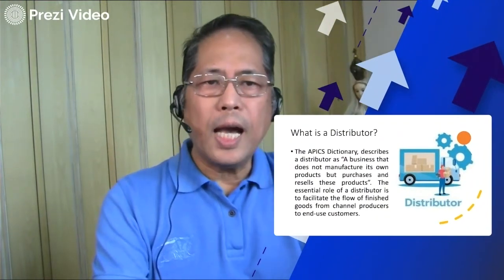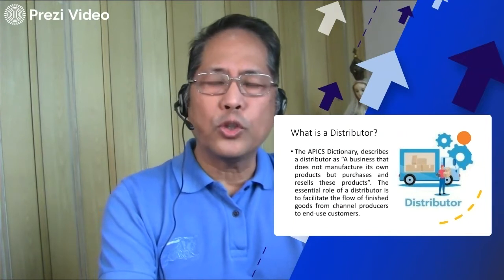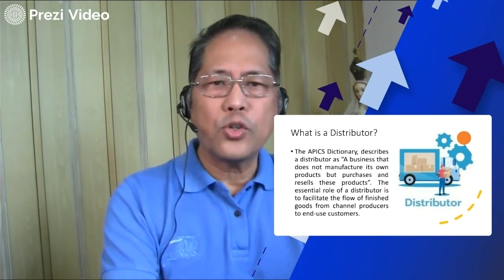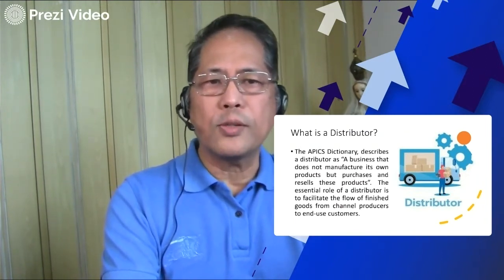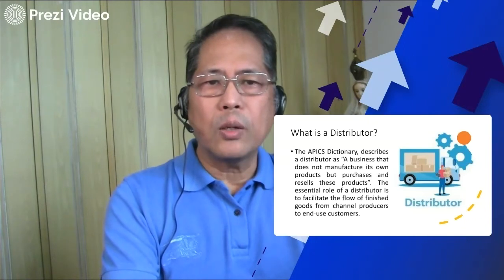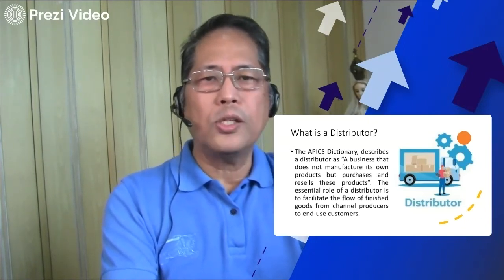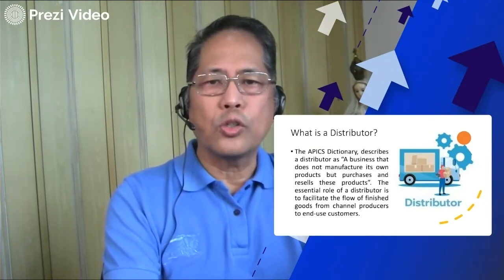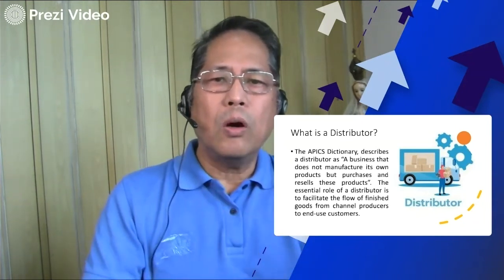The APICS dictionary describes a distributor as a business that does not manufacture its own product but purchases and sells this product. The essential role of a distributor is to facilitate the flow of finished goods from channel producers to end-use customers.